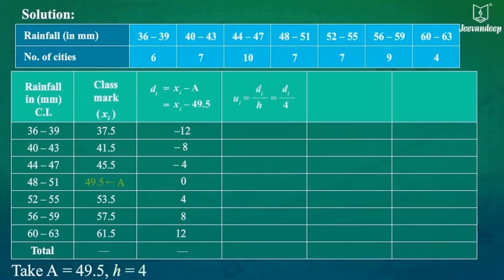In column 4, values of ui, that is step deviation, which equals di upon h equals di upon 4, are written.